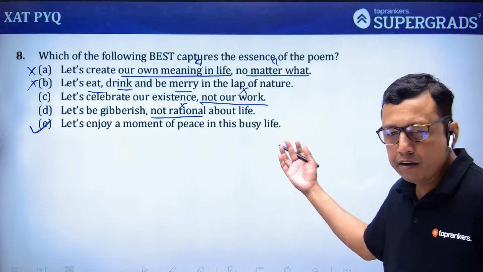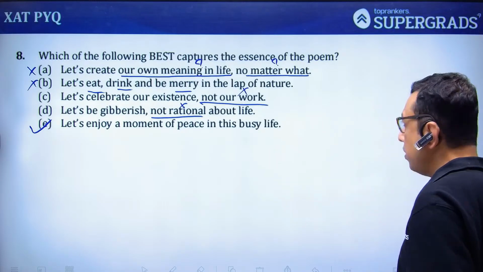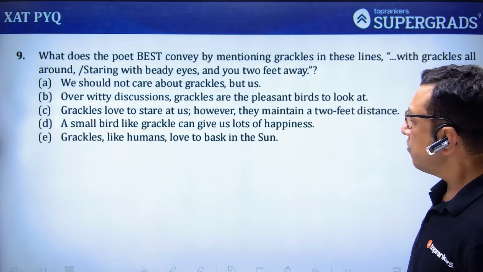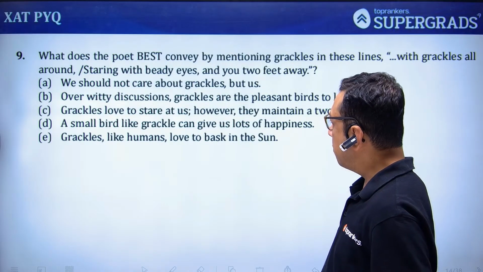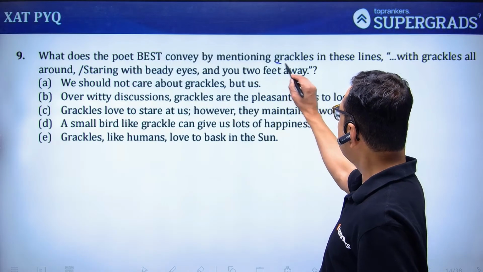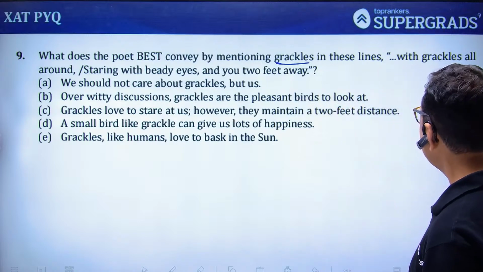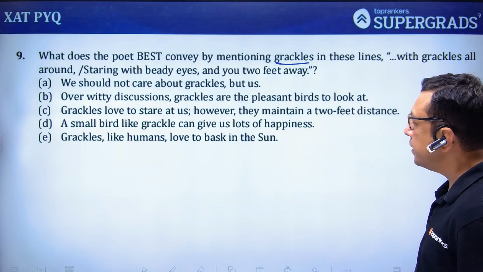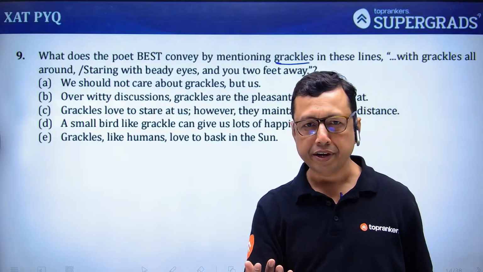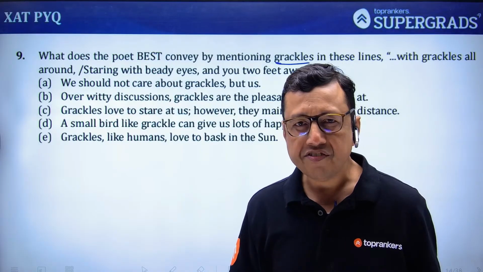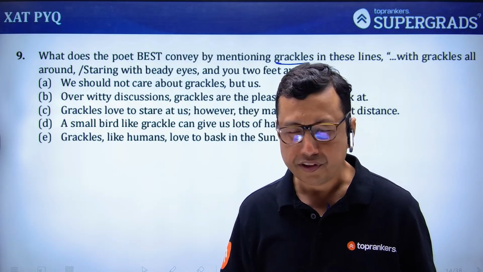Understood. So again, not very difficult to solve. What does the poet best convey by mentioning grackles? Grackles are birds in these lines, with grackles all around, staring with beady eyes, and you 2 feet away. Now, what does it exactly bring forth in the poem?